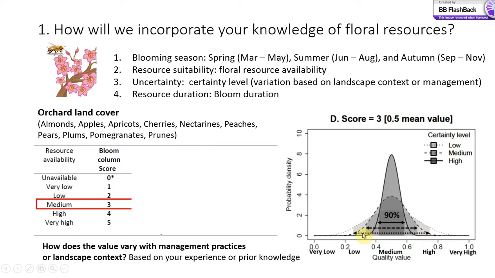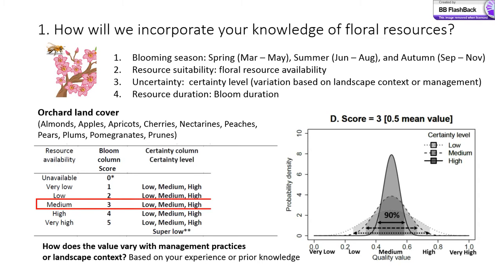If you think the suitability value can be any value from 0 to 1, then you can select a super low certainty level and leave the bloom column as an empty cell.